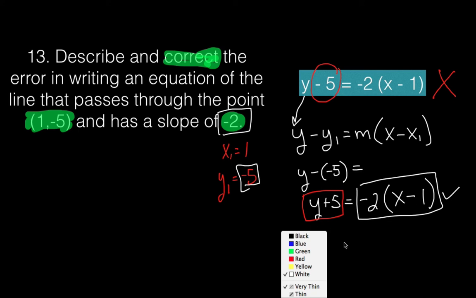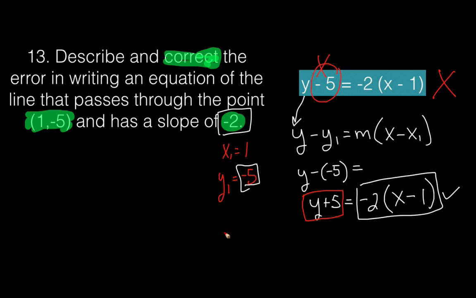The left side of my equation is where I found my mistake, because this is not y minus 5, it should be y plus 5, because my y1 is negative 5, so that would make it y minus a minus 5, which would change it to y plus 5. So that's where the mistake was.